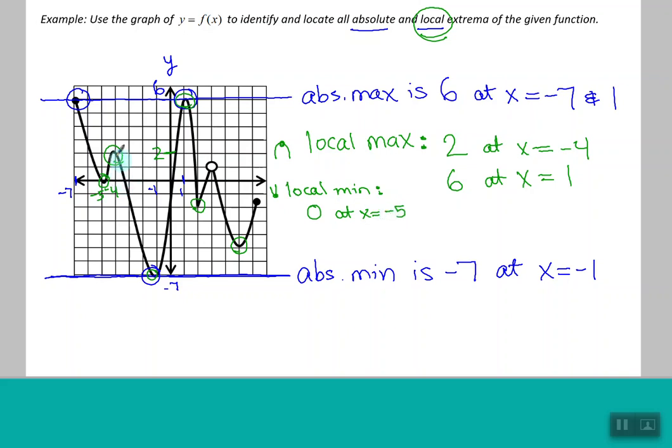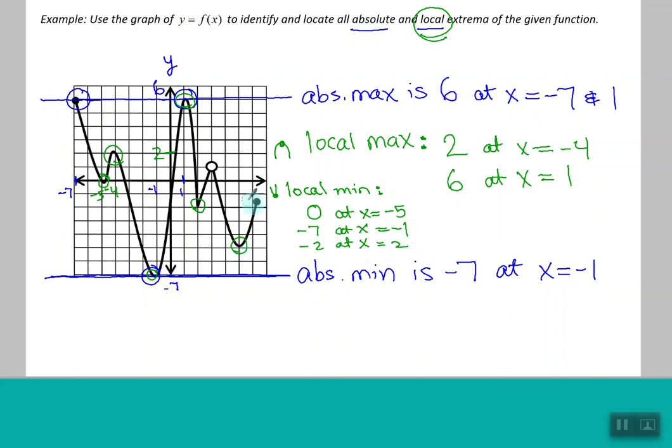The next one I come to is the y value -7, also an absolute minimum, but it doesn't matter because I can see on either side, it's also listed as a local minimum. So -7, which again is at the x value, -1. This sharp point is still a function value, and I can see on either side, so that is a local minimum, -2, located at the x value, 2.